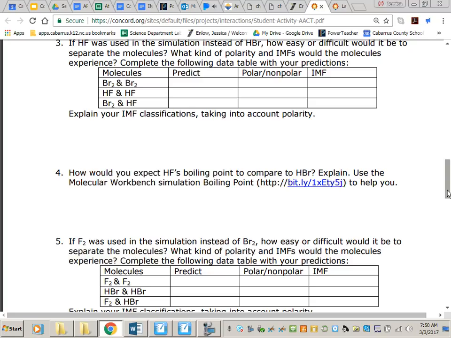If it's polar, that'd be dipole. Yeah, that's what I was thinking about. Explain their classification.